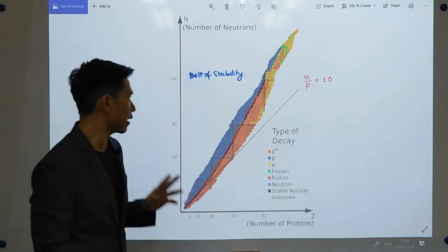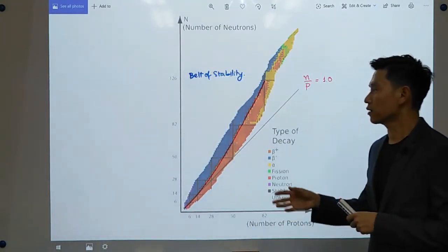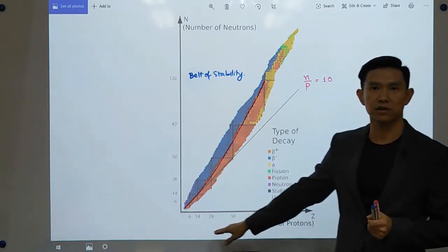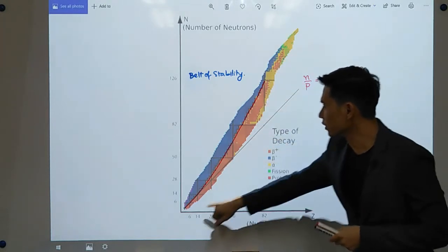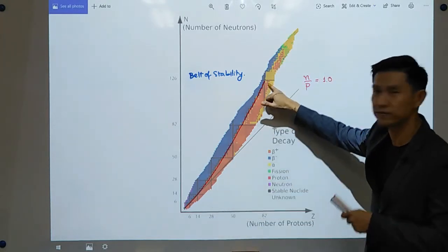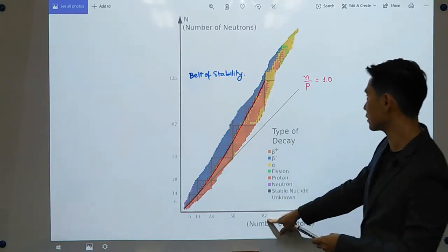Okay. One thing that I have to show you here is, as you know, the element contains protons, right? And if you look at the belt of stability, it is limited here at number 82.